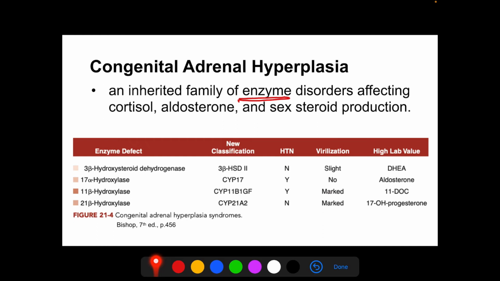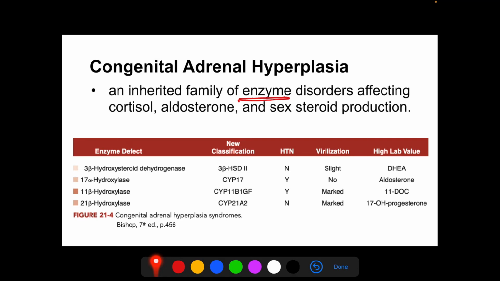So that's virilization. So the clinical presentation of the CAH depends on the affected enzymes, as demonstrated, of course, in this figure. And the partial defects usually present after puberty. And I think I have mentioned this one earlier.